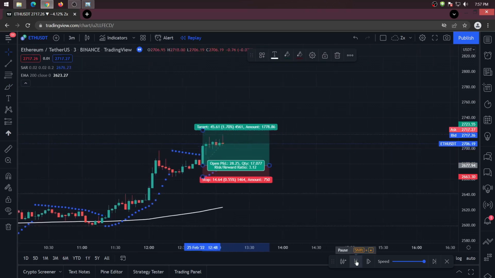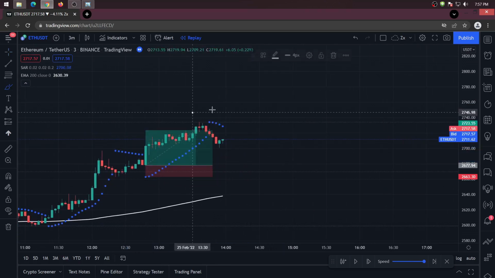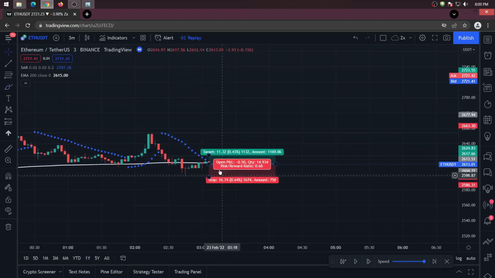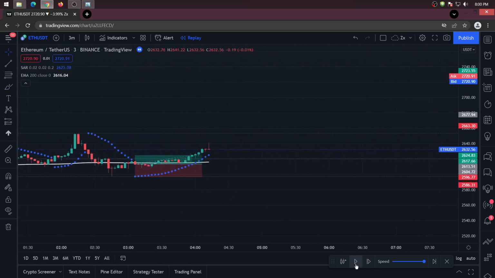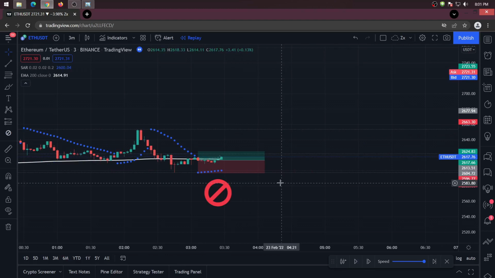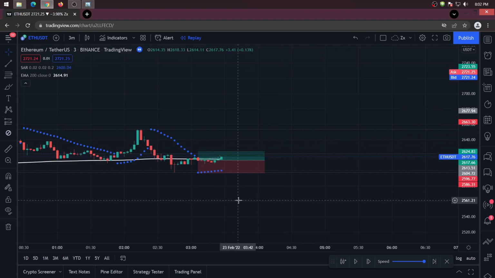And let's see. You can see it's another successful trade. Also, if you use a stop loss on your parabolic SAR and somehow the trade fails, there is a chance of a big loss. So before using this strategy you must have risk management knowledge.